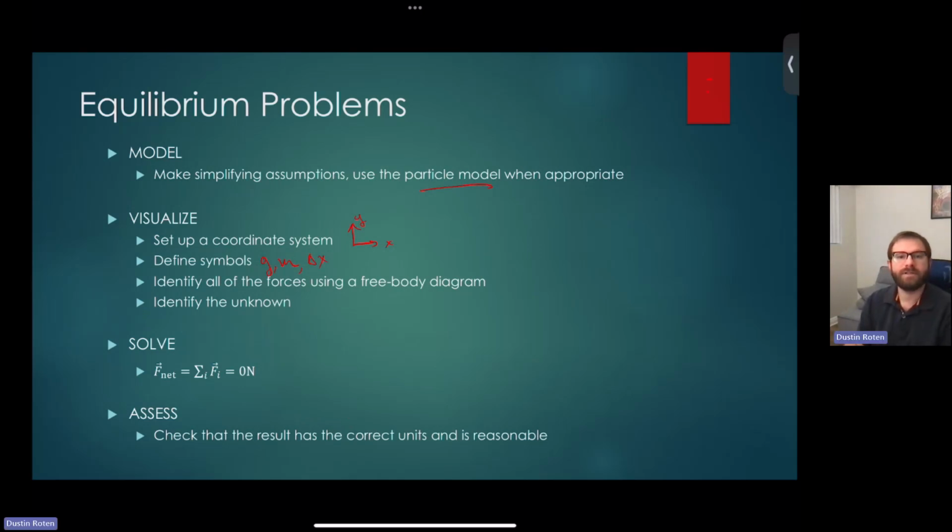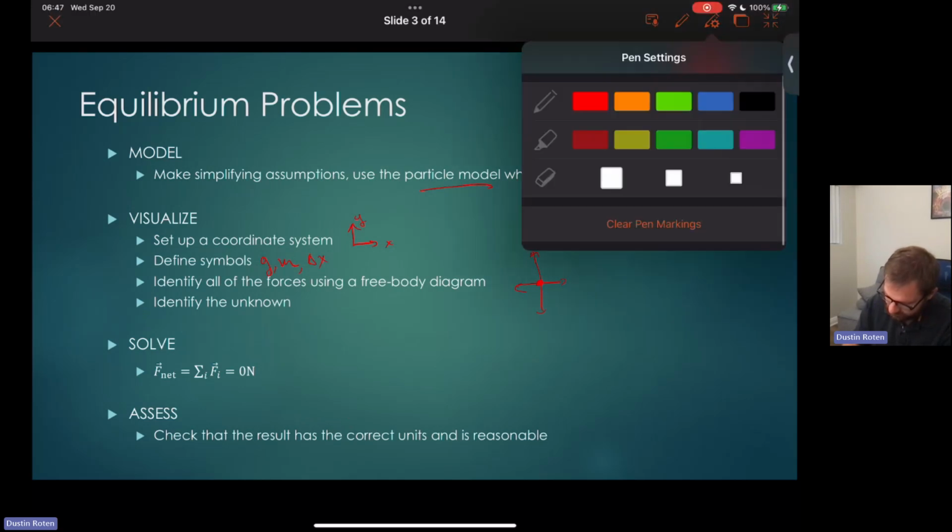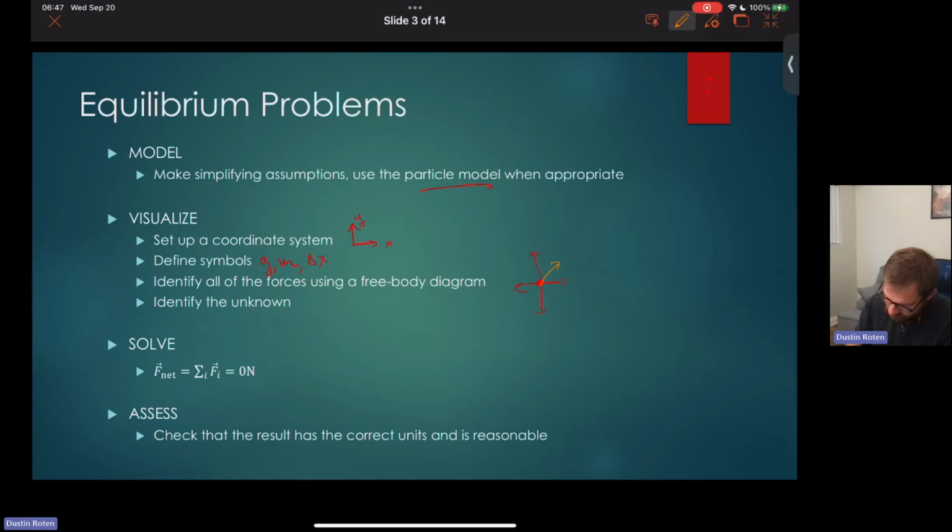We want to identify all the forces using a free body diagram. And with the free body diagram, that's just essentially placing the particle at the origin, and then making sure, I can do a vector, or at least some vectors in different color, making sure we have all of the forces acting on this particle included.